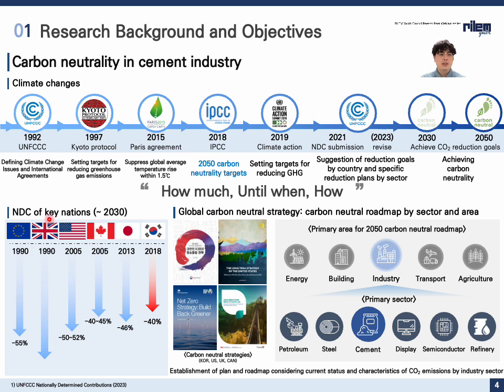Countries have set 2030 emission reduction targets, raising the essential question: how much, until when, and how? To answer this, carbon neutral roadmaps have been developed across 5 major sectors, and among the industrial contributors, the cement industry stands out due to its large CO2 footprint.